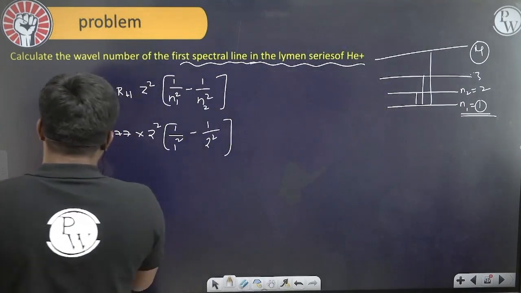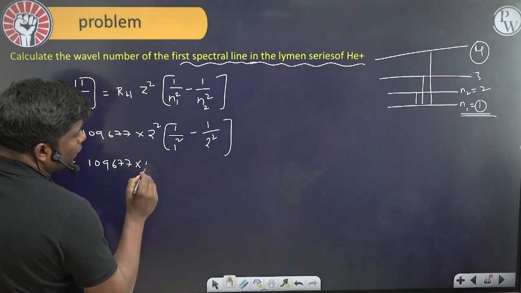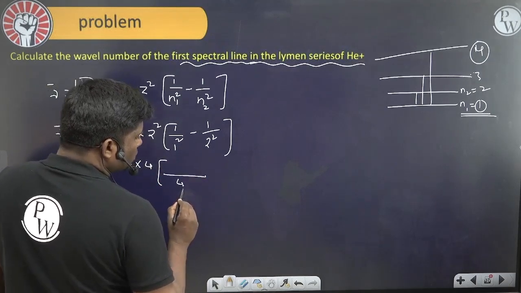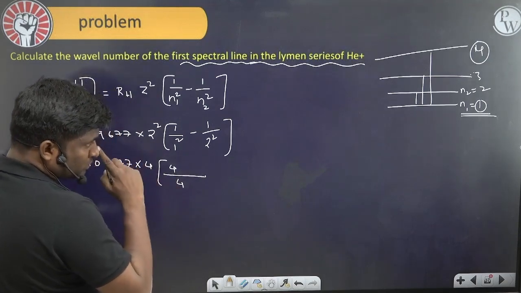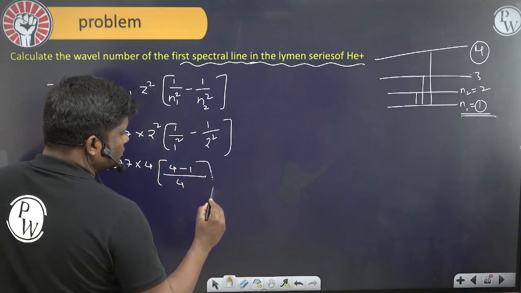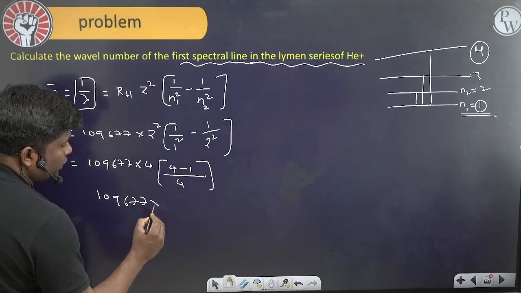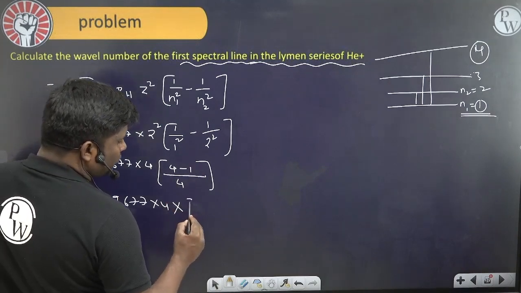So this one will be equal to 109677 into 4, and so you will get 4 here and 1 here. So 109677 into 4 into 3 by 4.